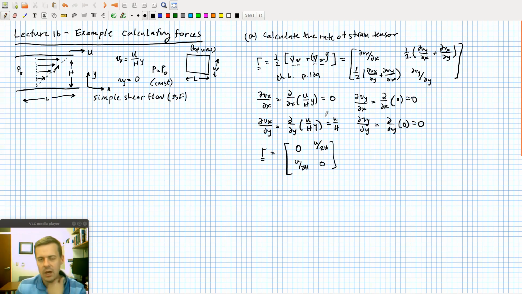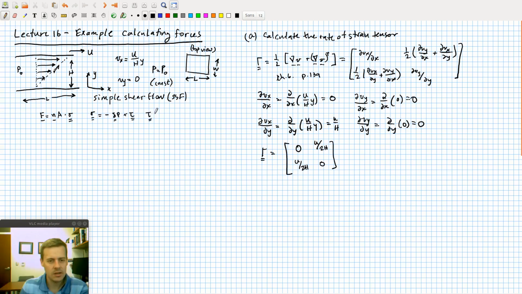So our first step to calculating the force is to calculate the rate of strain tensor, and we've just done it. Maybe I should back up and say why we're calculating the rate of strain tensor. What I want to do at the end of the day is evaluate this expression: the force is n A dot sigma. So I need to find sigma. Sigma, the total stress tensor, is minus delta P plus tau, where tau is the viscous stress.